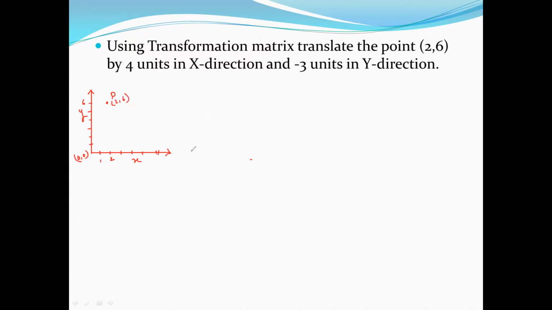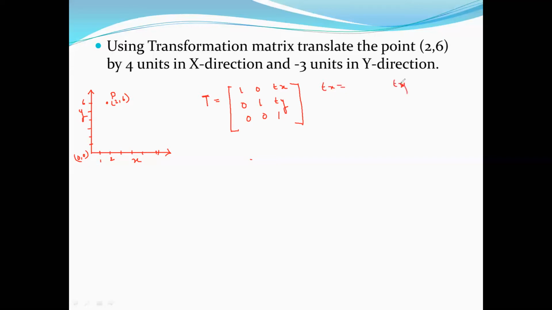Now we have to translate the point 4 units in the x direction and minus 3 units in the y direction. And you know that the translation matrix T is nothing but 1, 0, Tx, 0, 1, Ty, and 0, 0, 1. Where Tx and Ty are the translation amounts.